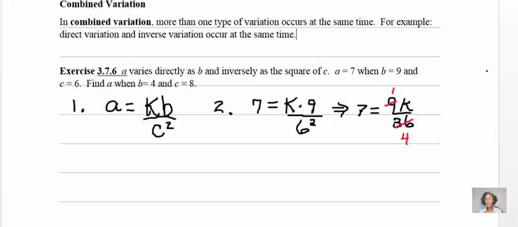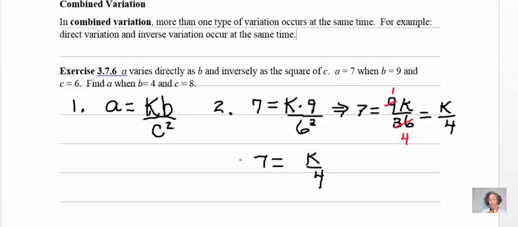So 7 equals K, 1 time K is K, so 7 equals K over 4. So let's keep going. What we're going to do now is to isolate K. So 7 is K over 4.